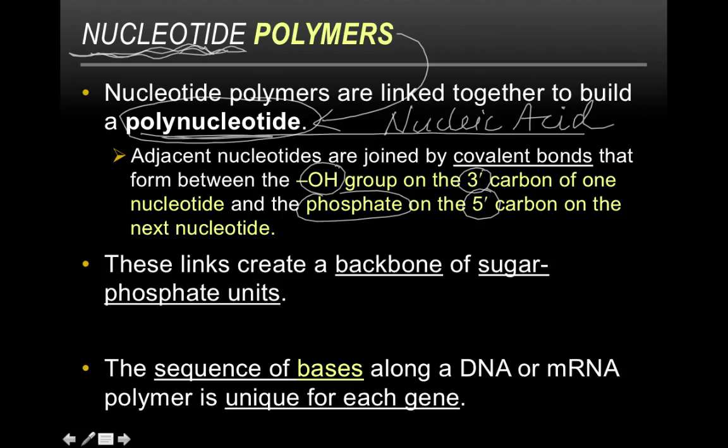In effect, we are going to lose one molecule of water for every new covalent bond that forms between nucleotides, just like you've seen with every dehydration synthesis reaction. And this creates a backbone of nucleic acids that consists of sugar phosphate units.